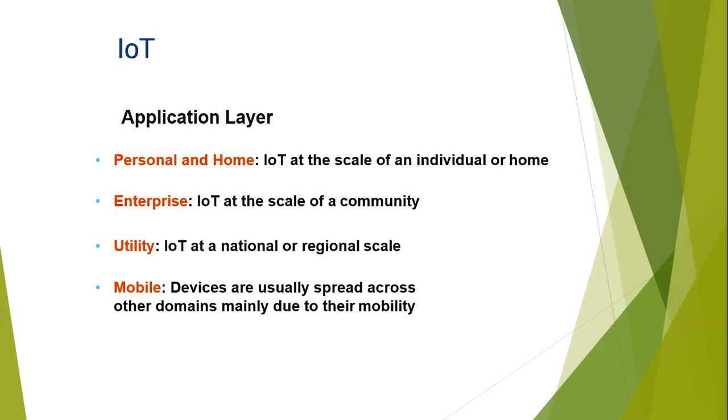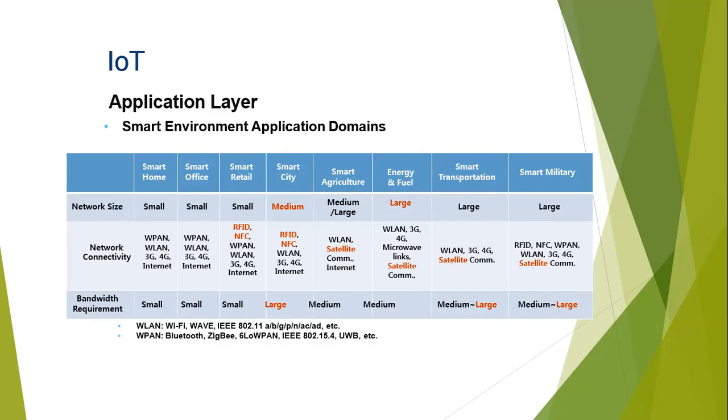In that case, mobility support is very important, and it is very important to transmit the data in a movable place. So these are the parts of your application layer that are nothing but your personal and home, enterprise, utility, and mobile.